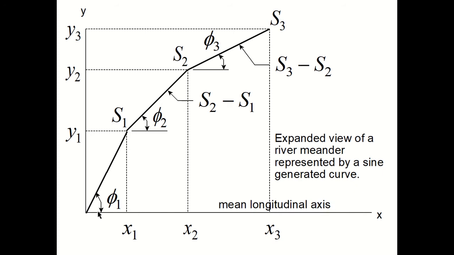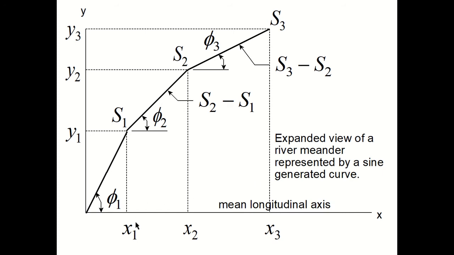Then we would travel a total distance for the next step of S2, but the total distance would be a sum of two line segments: the distance going from 0 to S1, and then the distance going from S1 to S2. At each of these steps, we have a deviation angle of phi.